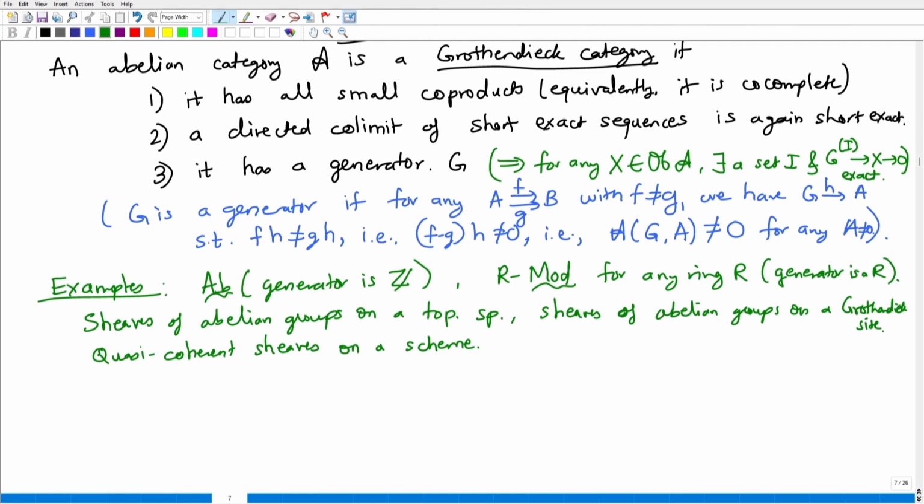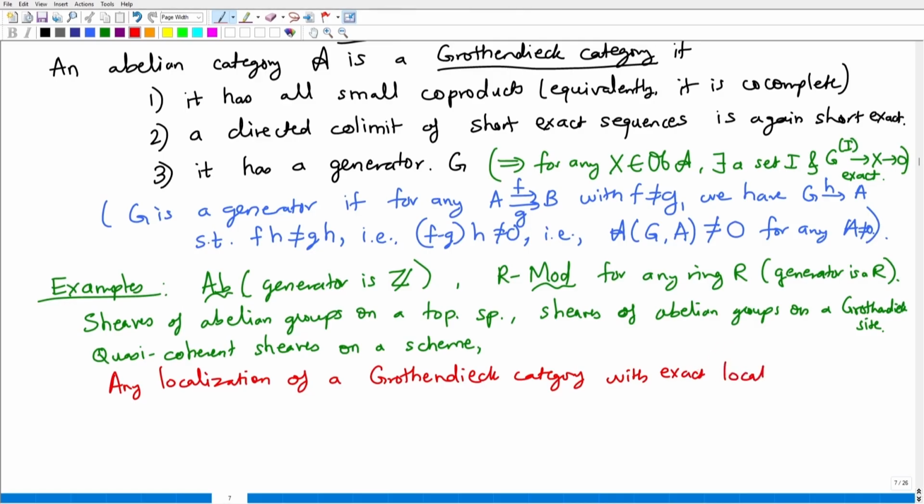And let me write this: any localization of a Grothendieck category with exact localization functor is also Grothendieck.